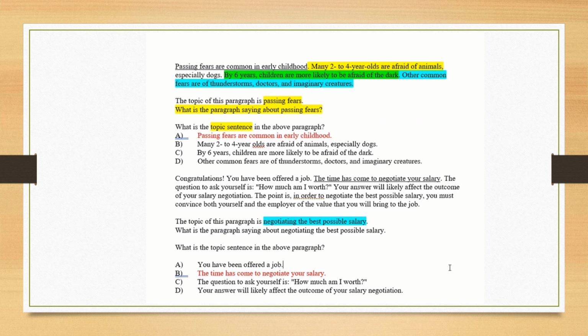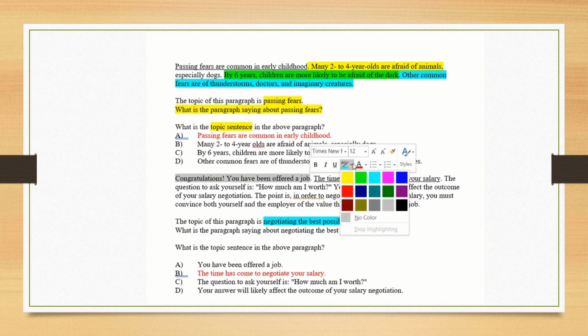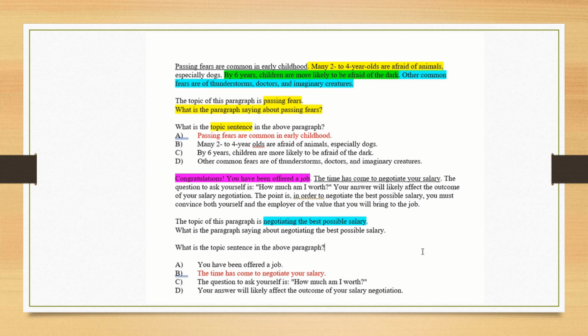As you know from the notes, your main idea sentence, your topic sentence, can be found anywhere in the paragraph. In this paragraph about negotiating your salary, your main idea sentence is the third sentence. When your main idea sentence is not the first sentence of the paragraph, those first sentences are what we call introductory or opening sentences.